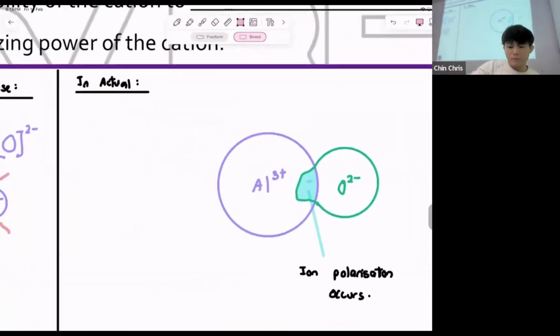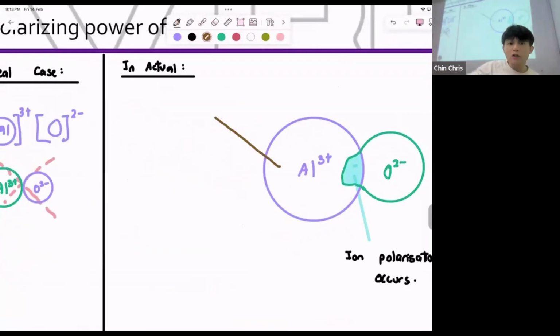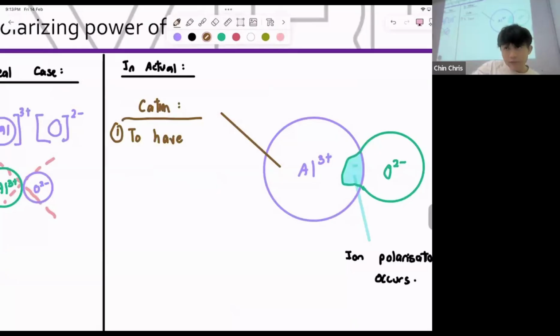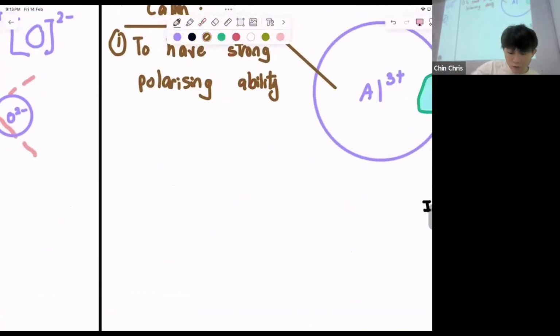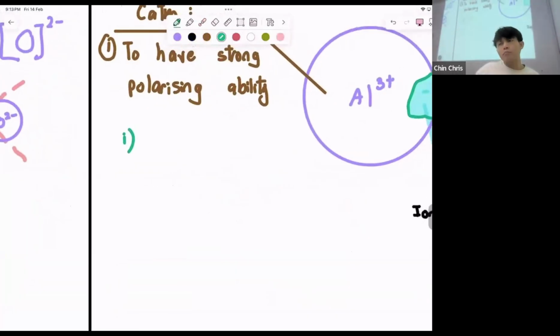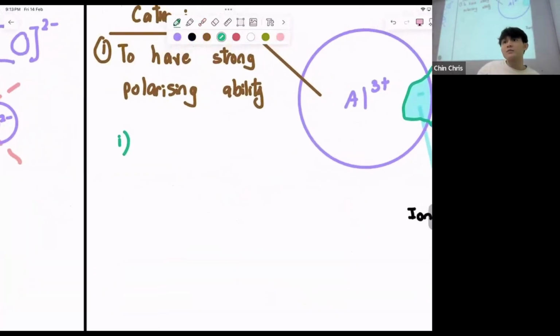So in order for ion polarization to occur, my cation must have a strong polarizing ability, meaning the ability to pull the anion's electron cloud. For strong polarizing ability, must the ionic radius be small or big?